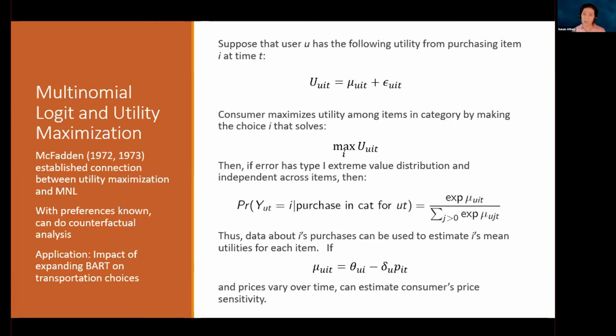And it would also tell us how welfare changes. So these kinds of models are used a lot in merger analysis, or welfare analysis of the type that Erik was just talking about, when you want to understand what happens to people's utility if two firms merge or prices change.